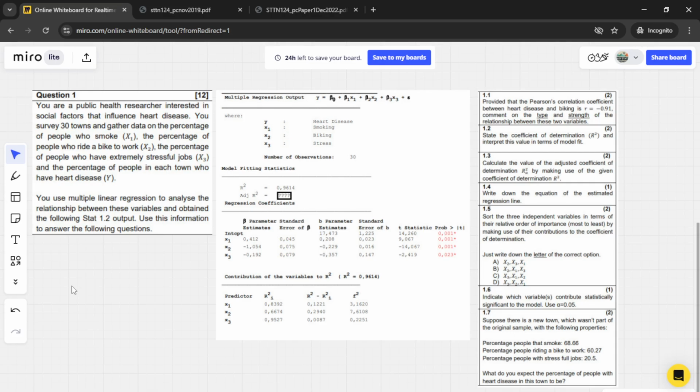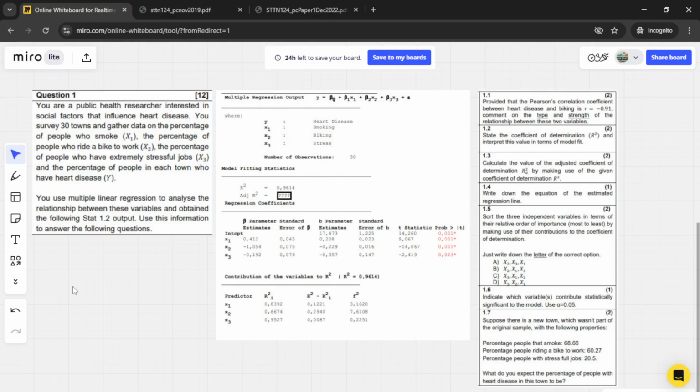The question says you are a public health researcher interested in social factors that influence heart diseases. You surveyed 30 towns and gathered data on the percentage of people who smoke, which is X1. That is one of the independent variables.